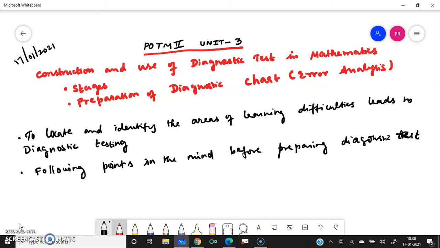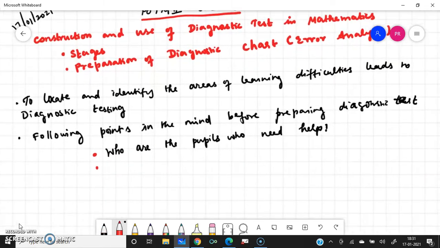The first one: who are the pupils, I mean students, who need help? First you should locate which students need help.